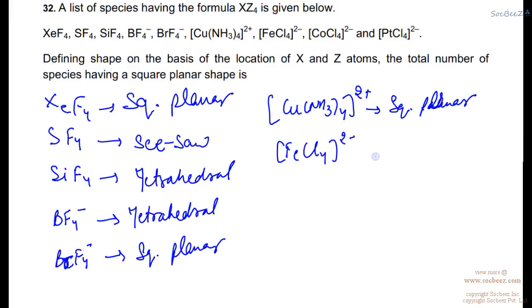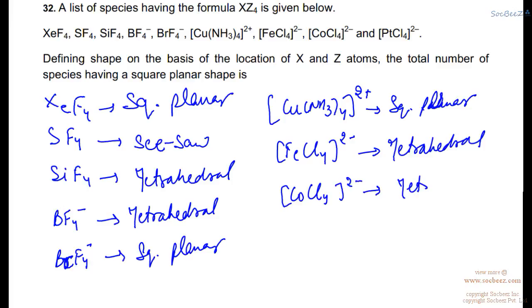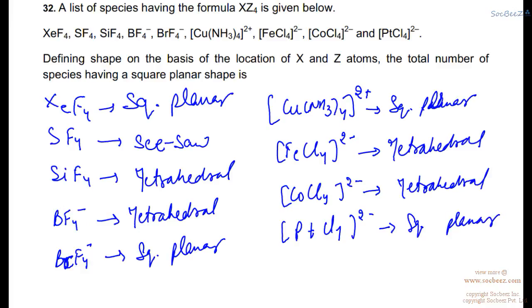FeCl4 2 negative has tetrahedral shape. CoCl4 2 negative also has tetrahedral shape, and PtCl4 2 negative has a square planar shape. So the total number of species is 1, 2, 3 and 4. So the correct answer in this case is 4.